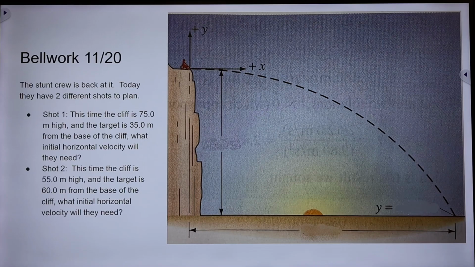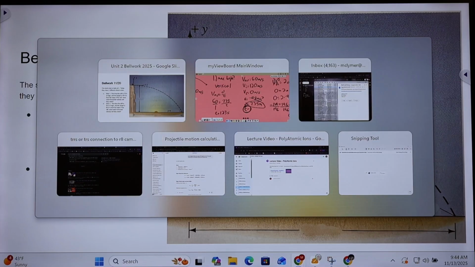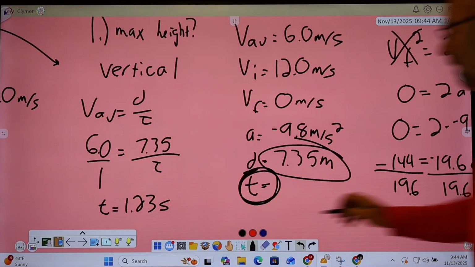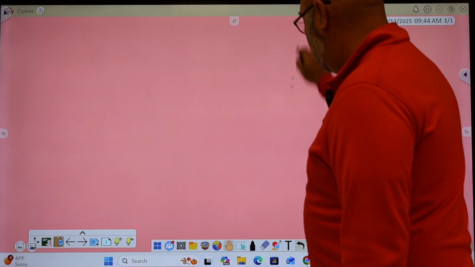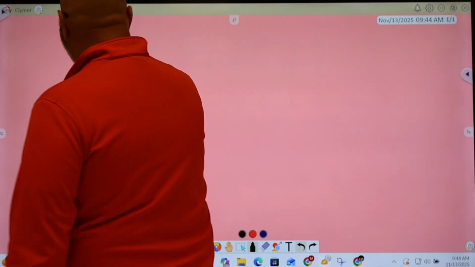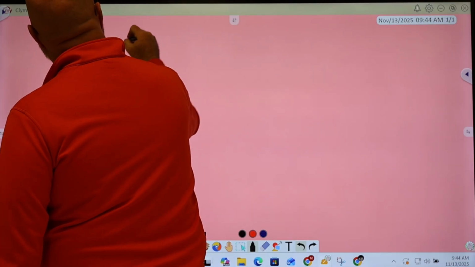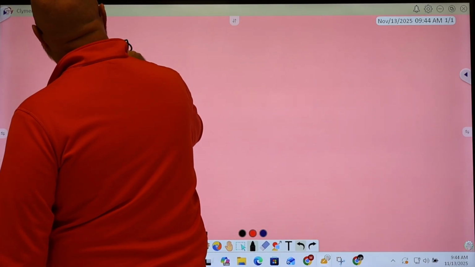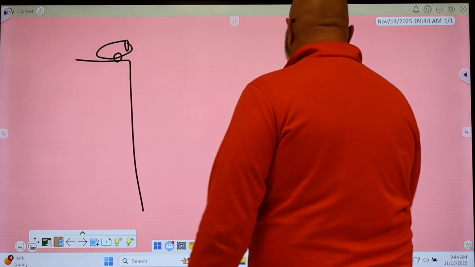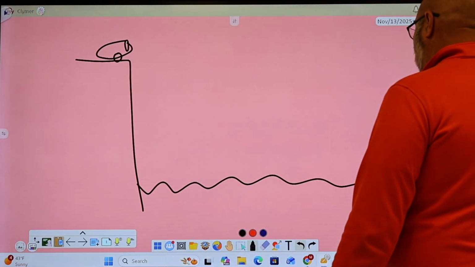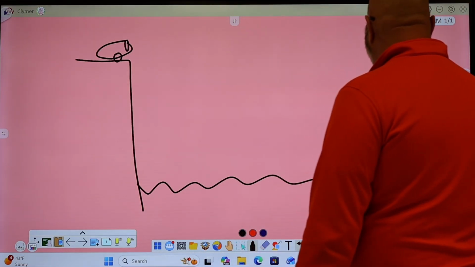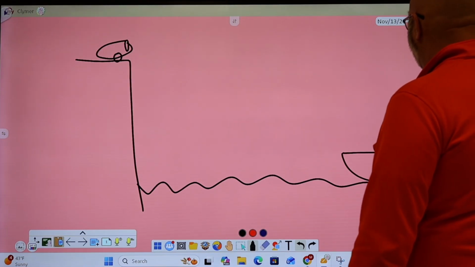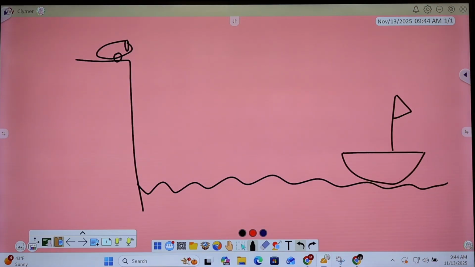I can mix up all of the different things here. I could even do a problem if you want to get really outrageous with projectile motion. You can have a cliff. Let's draw a cannon. And here's our water. Here's our pirate ship, of course. I know my artwork is legendary, so please excuse this.